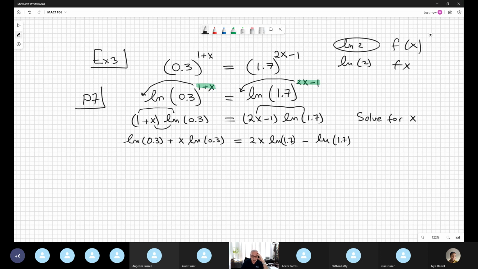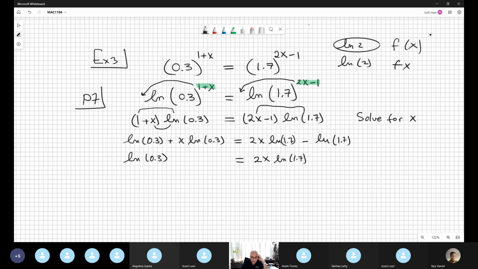Okay. Now, in order to isolate the x, this guy stays here. This one I move to the right-hand side. So 2x stays, I bring down logarithm 1.7.